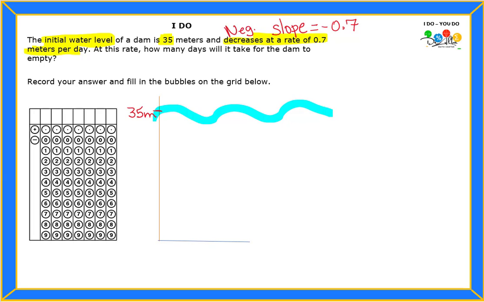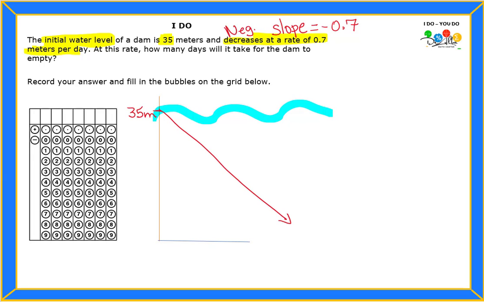What happened after that? Well, after that, it's going to start decreasing, which means that my line is going to come down somehow, right? So let me go ahead and draw the line. It's going to come something like this. Is that correct? And at one point, it should be reaching the x-axis.